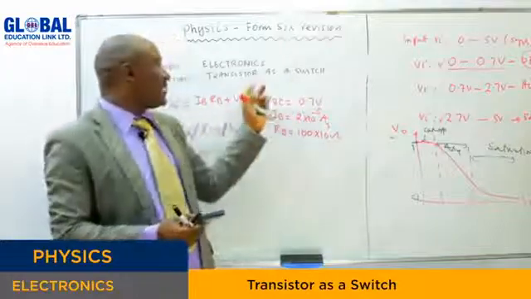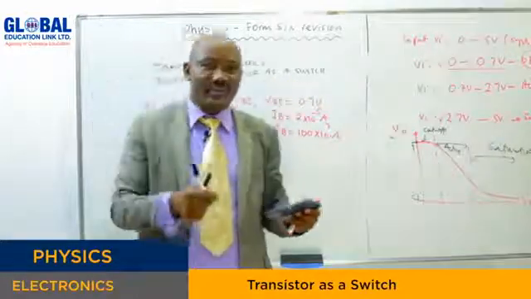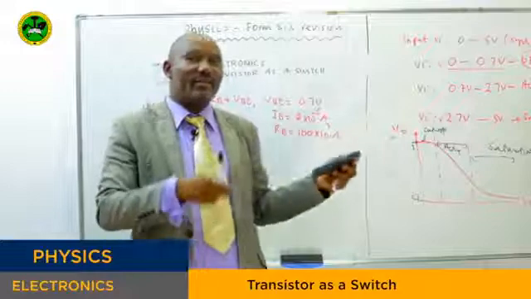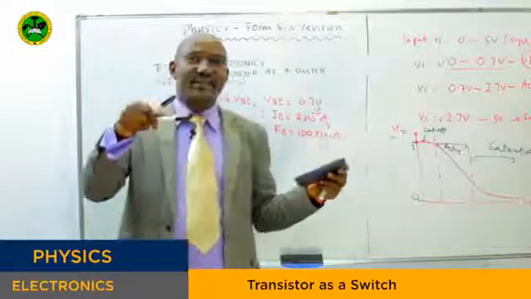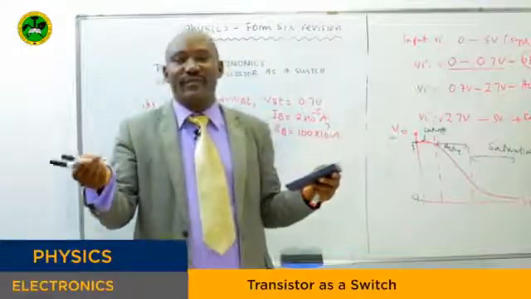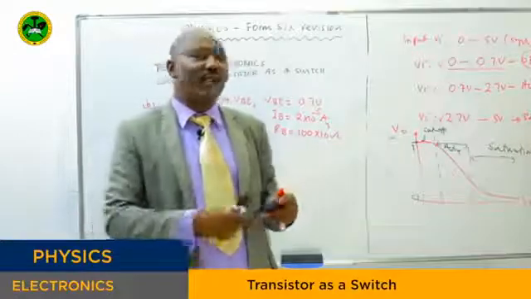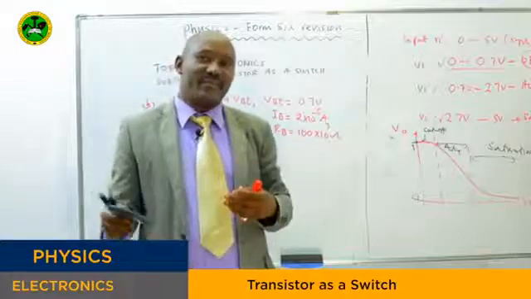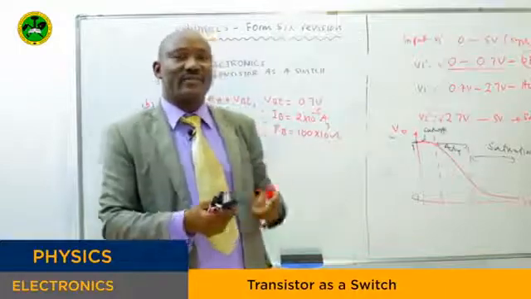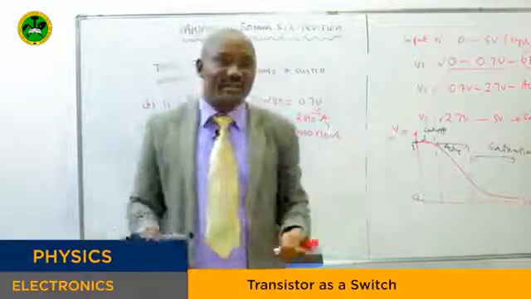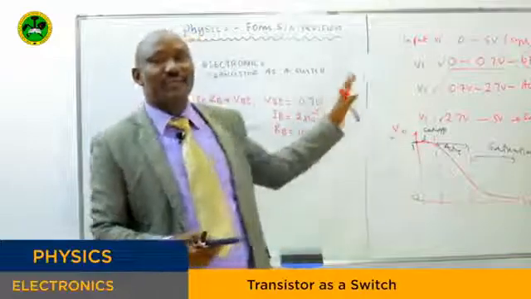This can be applied when you have two transistors connected such that the output of one transistor acts as the input of the other. This is what forms a multivibrator, a switching system.